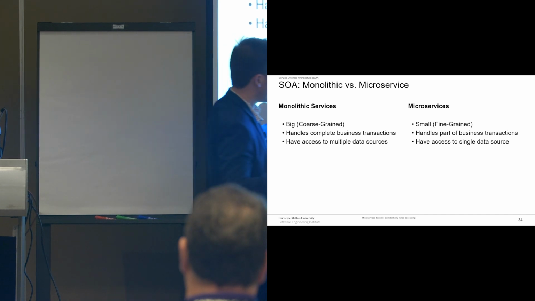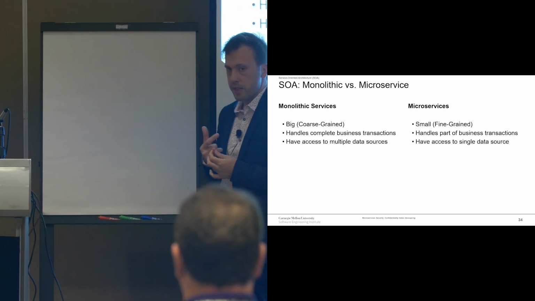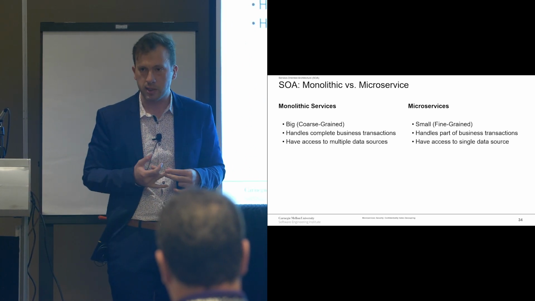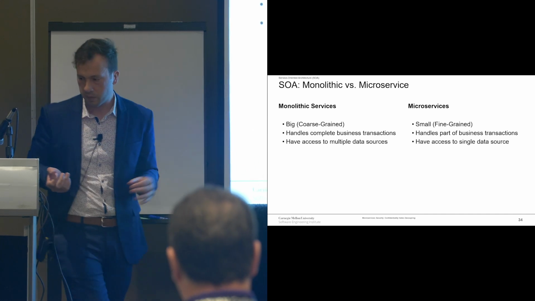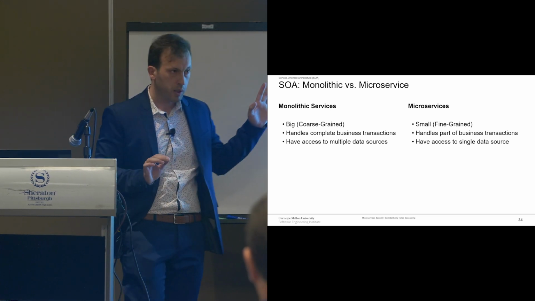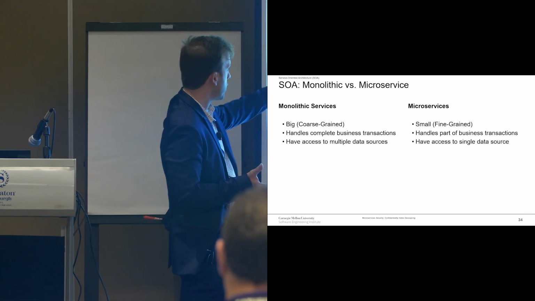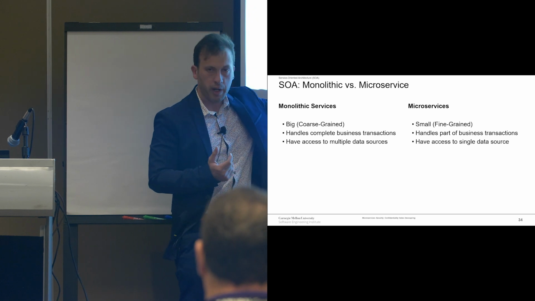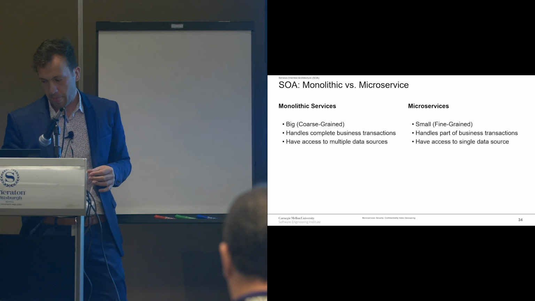If I design it using microservices, I will have a single service for shipping, one for payment processing, and another for inventory control. That is the difference. And of course, because it handles a complete business transaction, it should have access to multiple data sources. Whereas the microservice usually has access to a single data source.